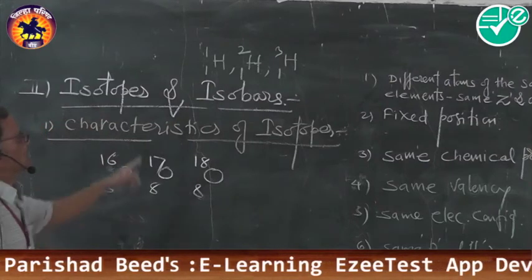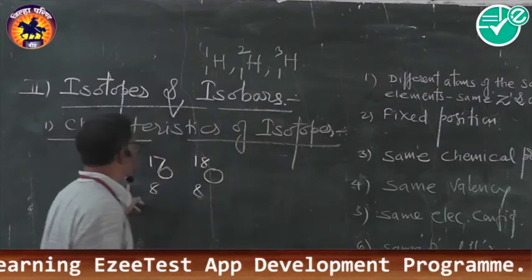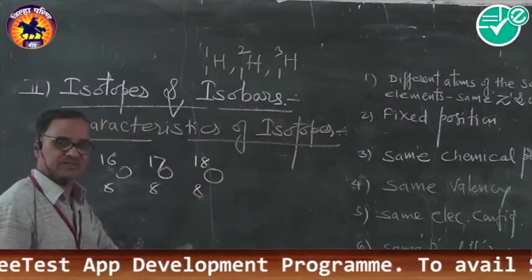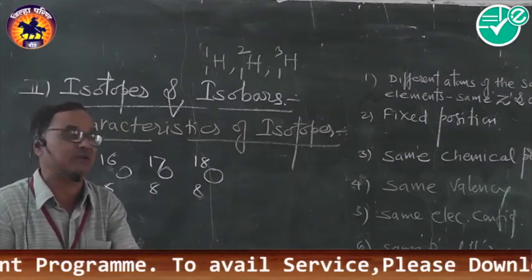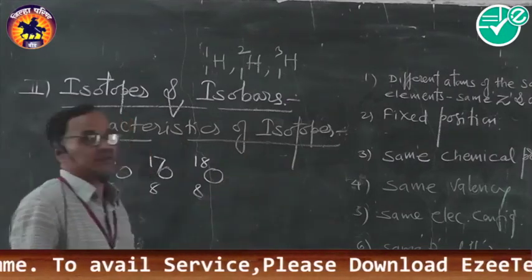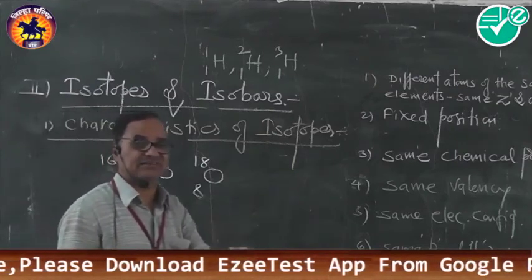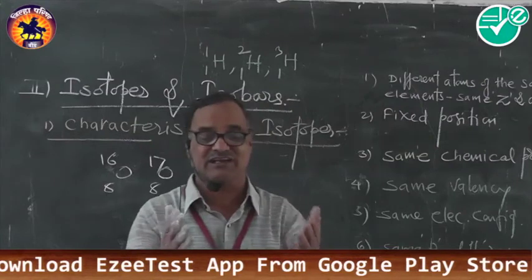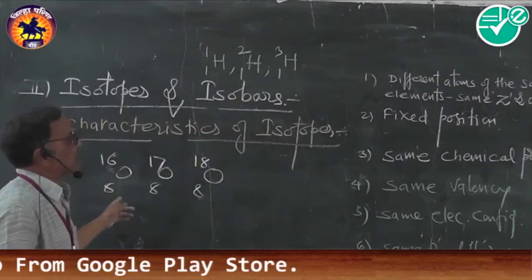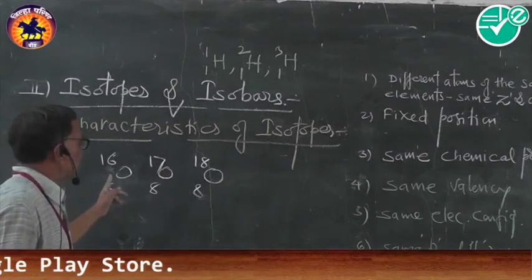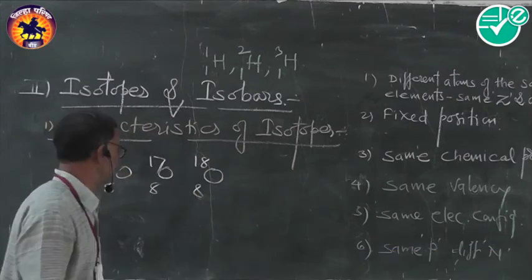It means that isotopes are examples of the same element. As they are examples of the same element, isotopes have the same atomic number and different atomic mass numbers.